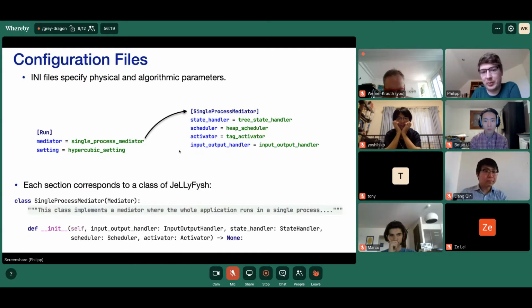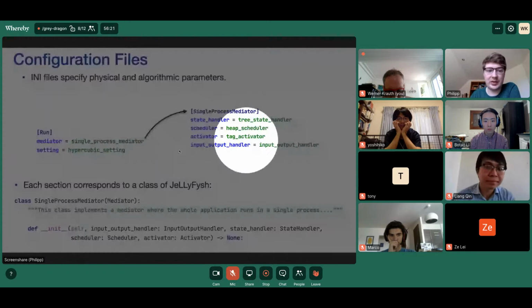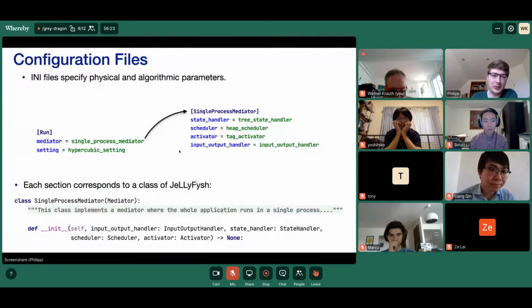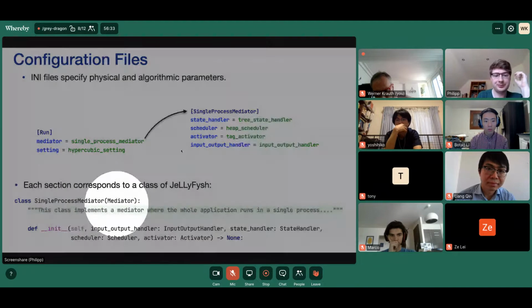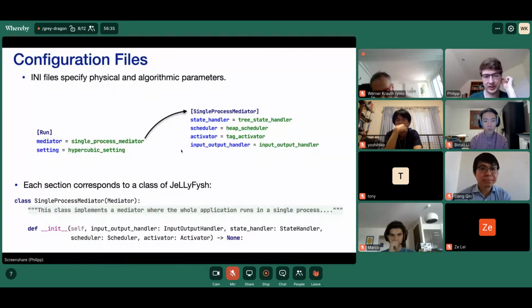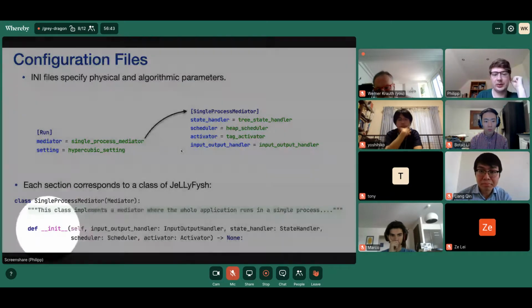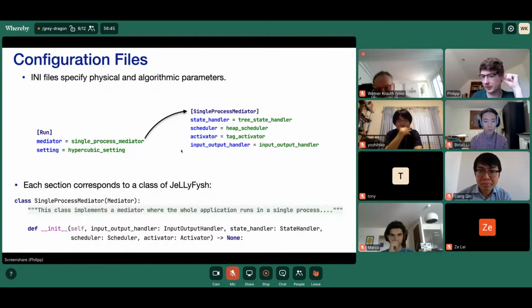And just as a side note, where do these property names come from? These are just names which appear in our code. Each section corresponds to a class of our JeLLyFysh code. Somewhere in our code, in its own file, we have a class single process mediator, which inherits from a mediator because it's a mediator. And then the relevant method you have to look at is this initialization method. If you don't know Python, it's the constructor of your Python class.